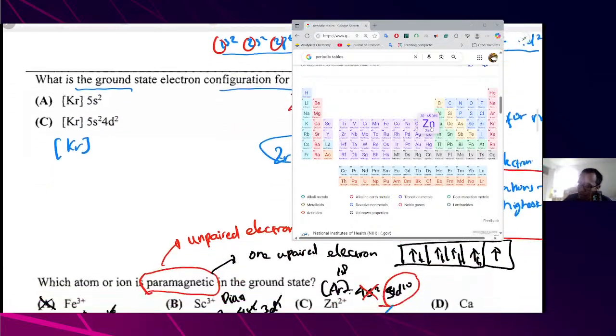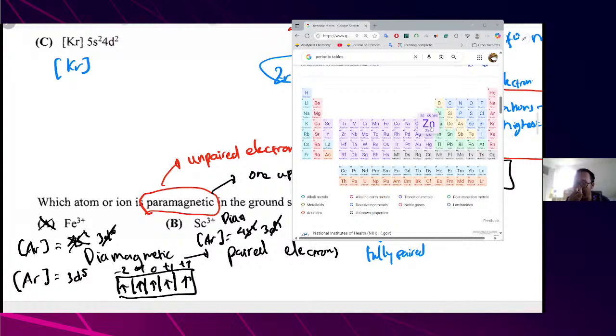And then the last part is Ca neutral, calcium neutral. So it should be [Ar] 4s2, and the s orbital is just 1, so it is fully paired in the s orbital.